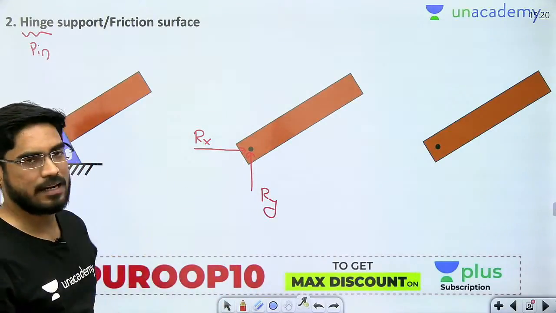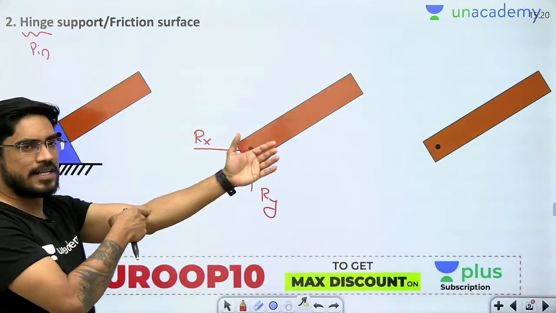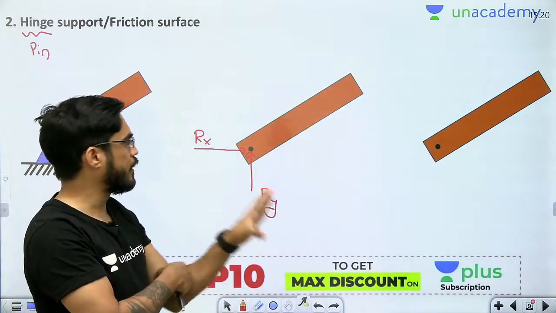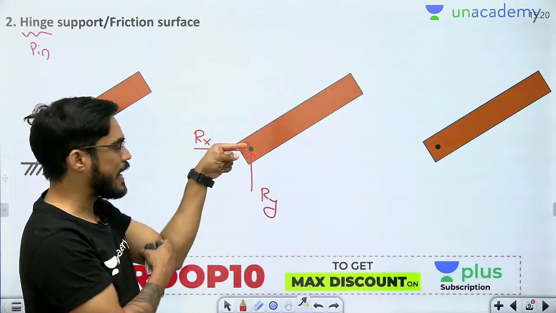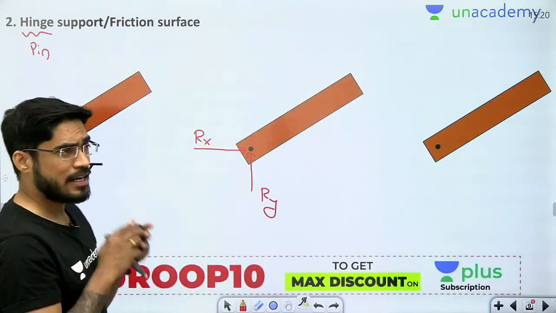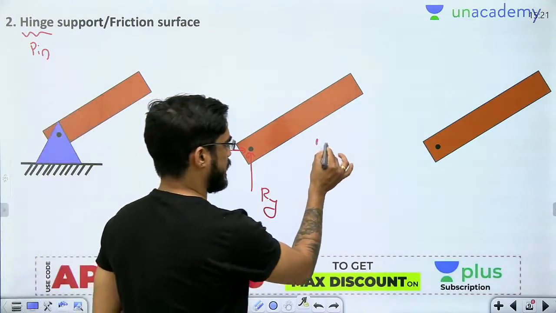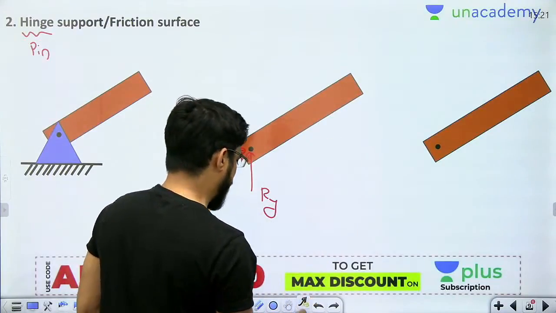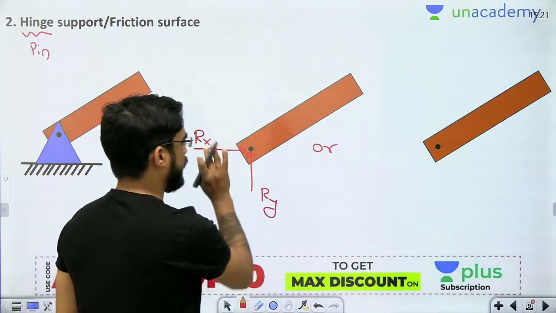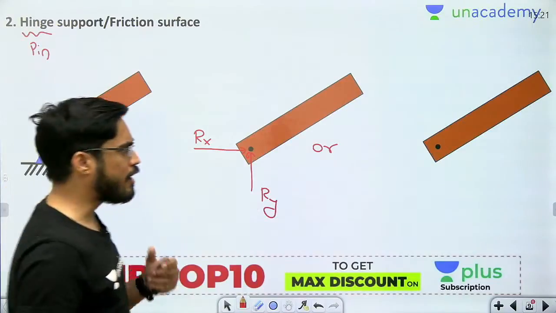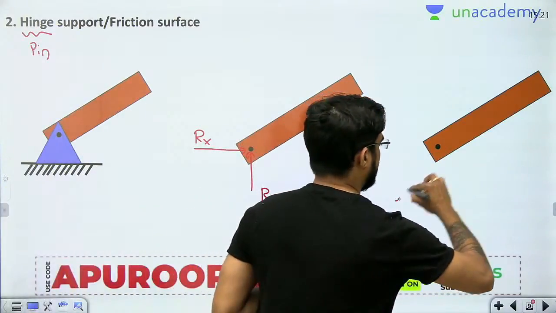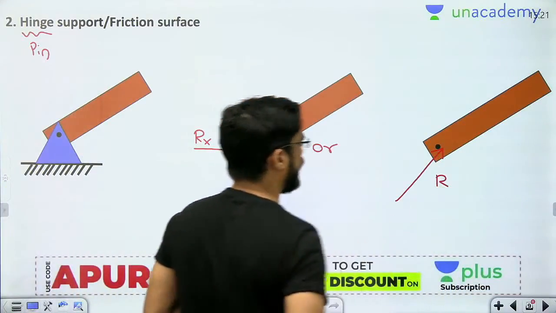Okay. Now understand beta. The pin cannot constrain rotation. So there will be no moment. Okay. So there is one reaction in X, one reaction in Y. Now understand there are two forces. So beta, I can either show them separately Rx and Ry, or I can take the resultant of Rx and Ry.